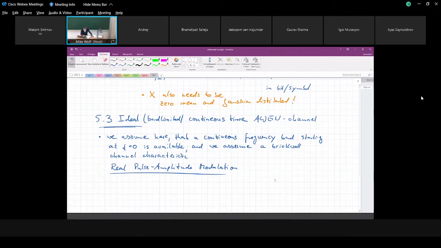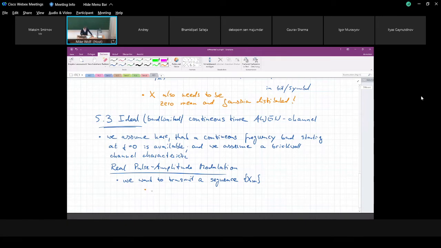We want to transmit a sequence XM, as before. This is a discrete time sequence of random variables, so what we refer to as a random process.